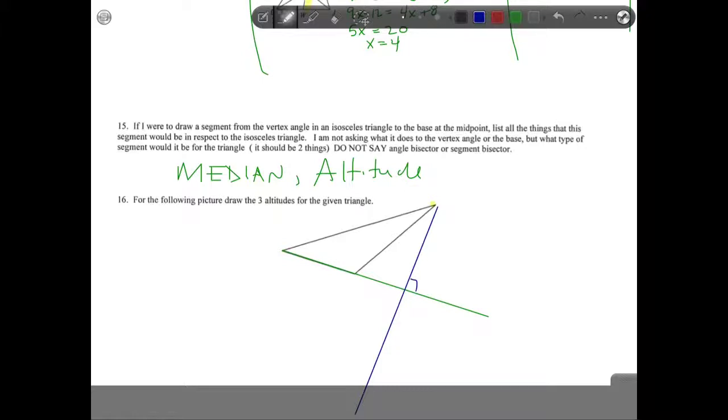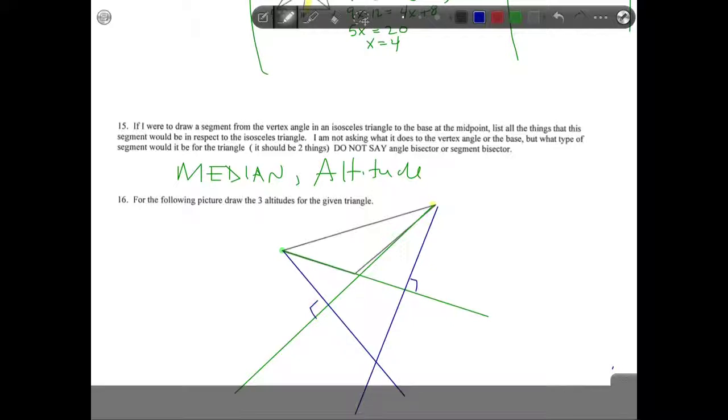The other altitude, I would have to extend this side here, and I want to go from that point there to this side, so that looks like that'd be perpendicular.